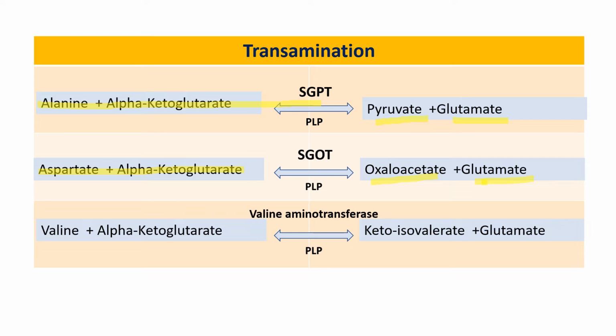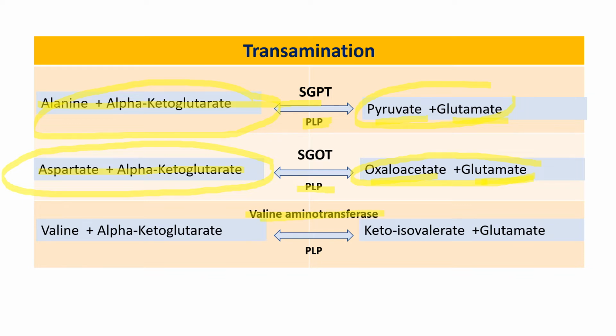So this is a pair of substrates and this is a pair of products, and the reaction is called the transamination reaction, and here there is a requirement of PLP, that is pyridoxal phosphate. And valine and alpha ketoglutarate is also a new pair, and the enzyme is valine aminotransferase.